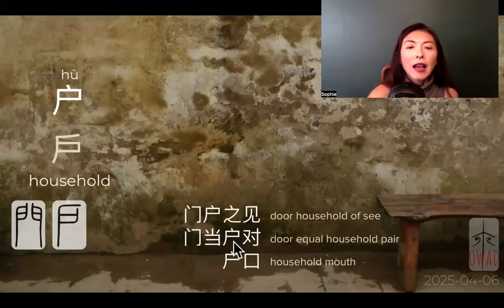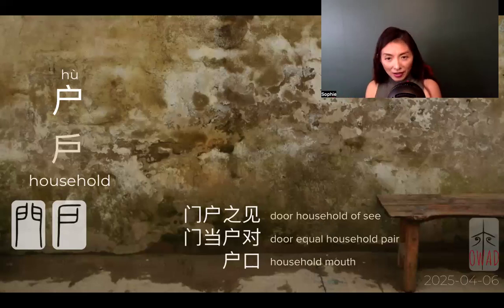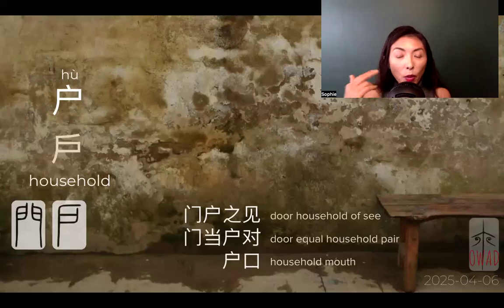门户之见, when we talk about 门户之见, it's between the door and household, between the double panel versus single panel doors, and 之见 is their 见. We use see, human see here, to signify the perspective, point of view.